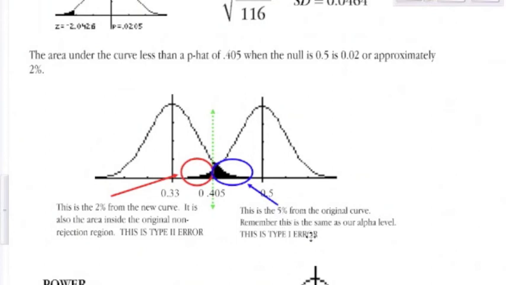This is my type 1 error. If I put the curve up here from the last calculation on top of that and match up the 0.405 on both sides, then what falls into the original acceptable region is my type 2 error. The area underneath this curve is basically 2%. This 2% is my type 2 error.